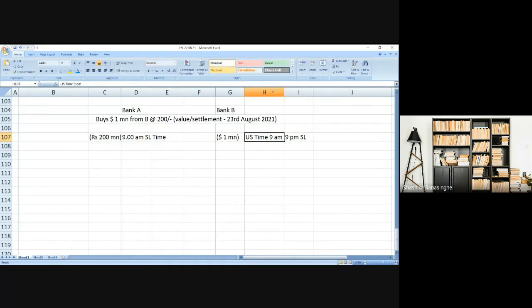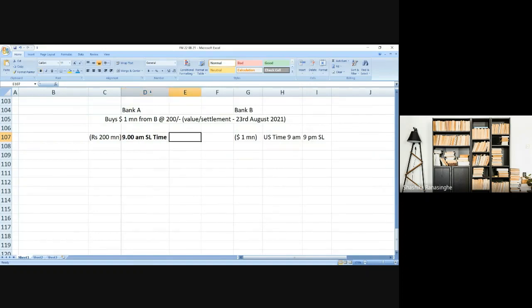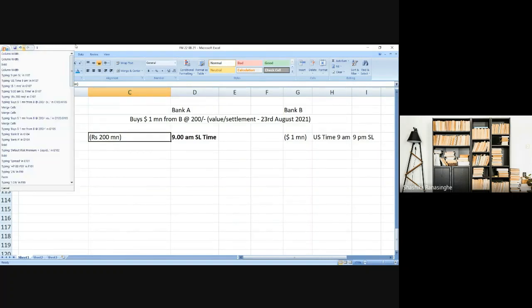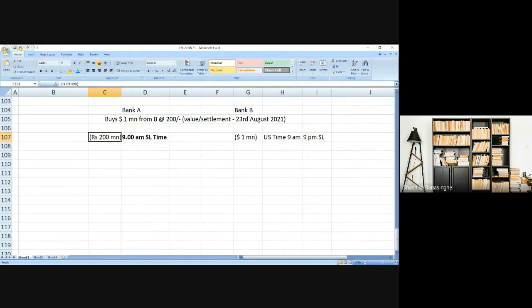Isn't it? Look at this. A has paid 200 million to B at 9 o'clock in the morning, Sri Lanka time. Right?